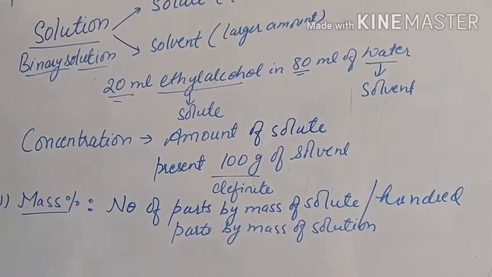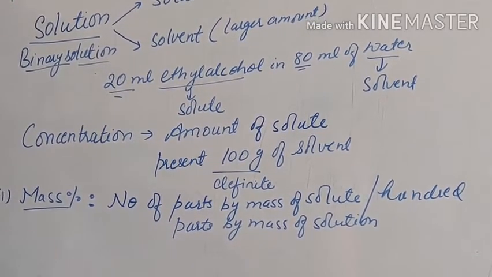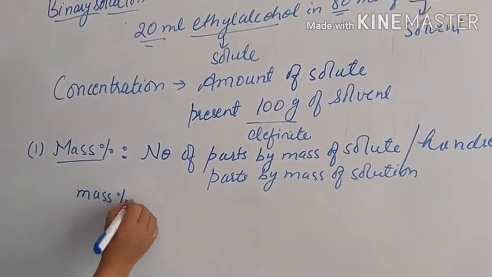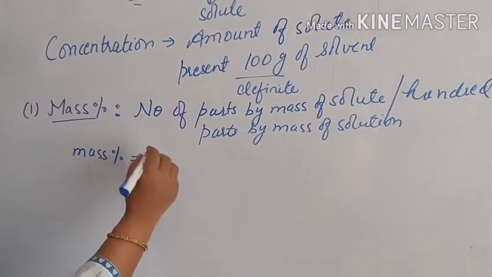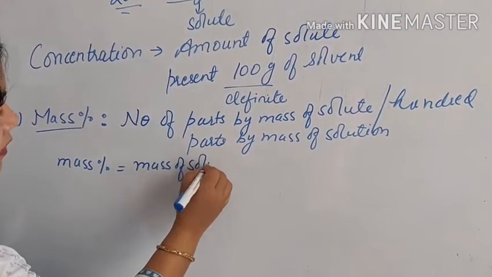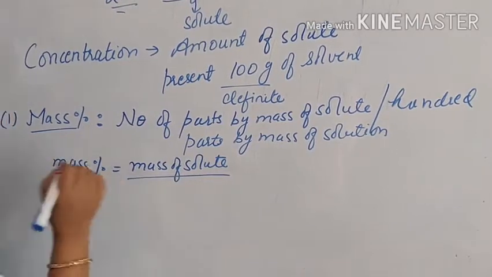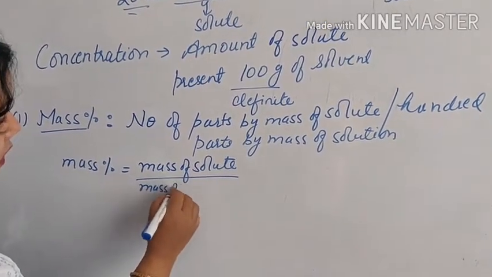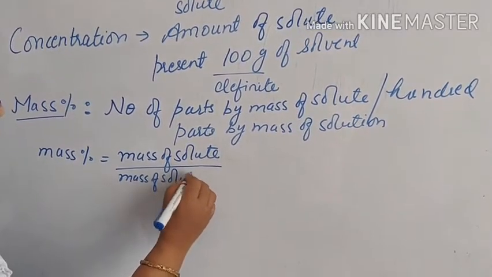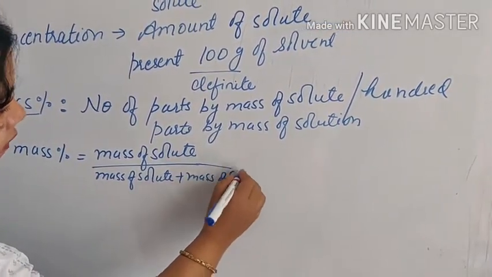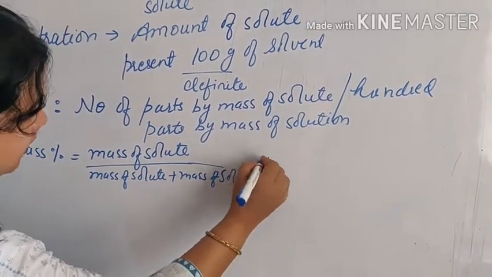This mass percent can be calculated using the formula: mass percent is equal to mass of solute upon total mass, that is mass of solute plus mass of solvent, into 100.